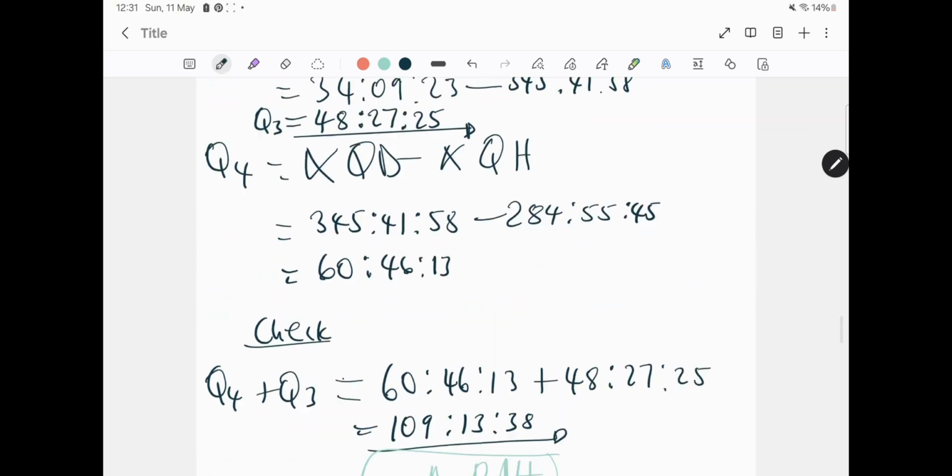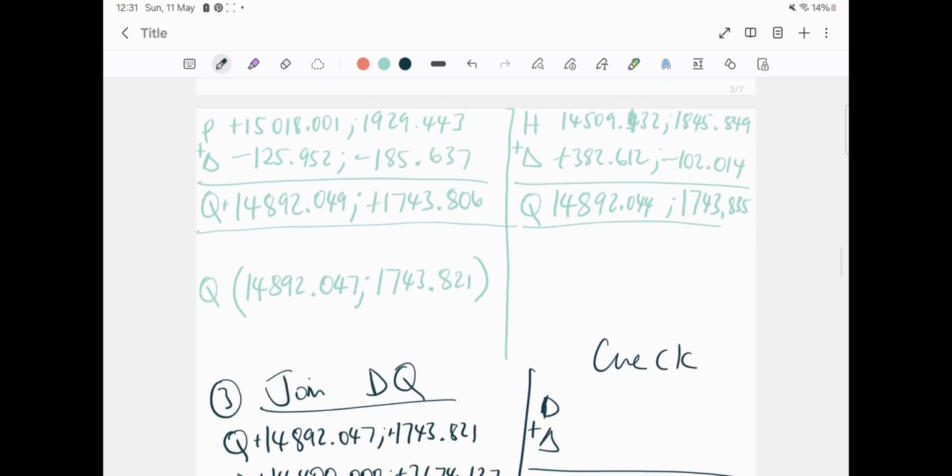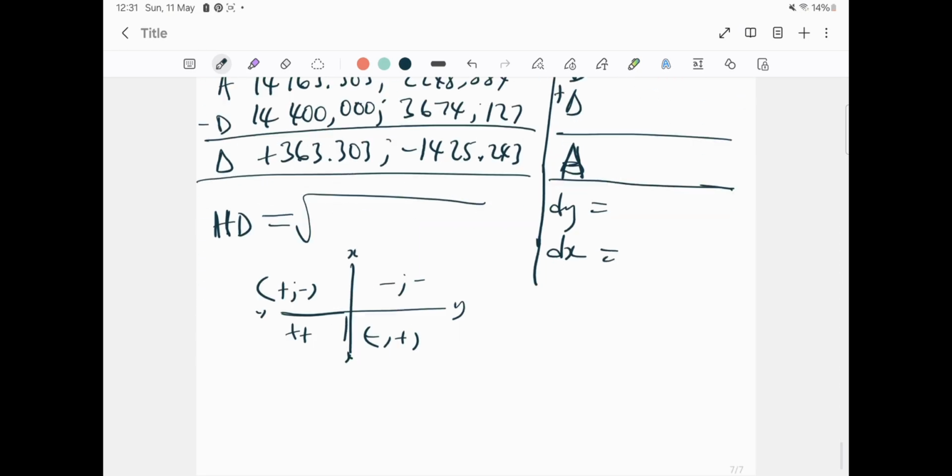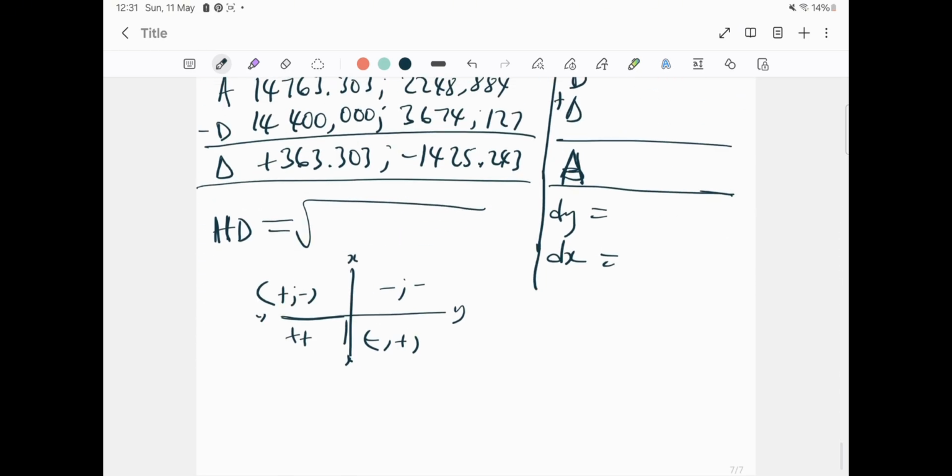Same joint calculation, same sketch like this. So you have a positive y and a negative x, meaning your sketch is in this quadrant. So your QA will be here. You'll be having your dy, you'll be having your dx.